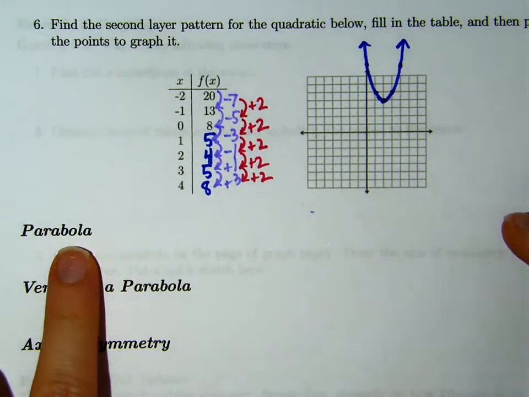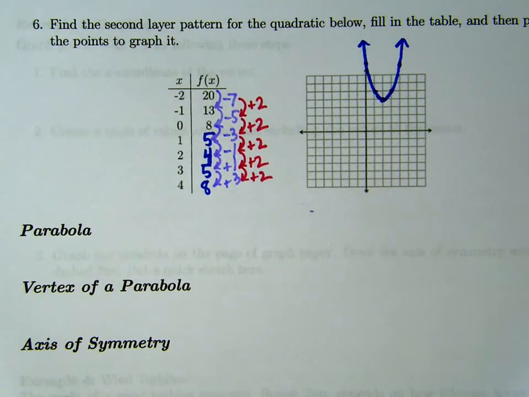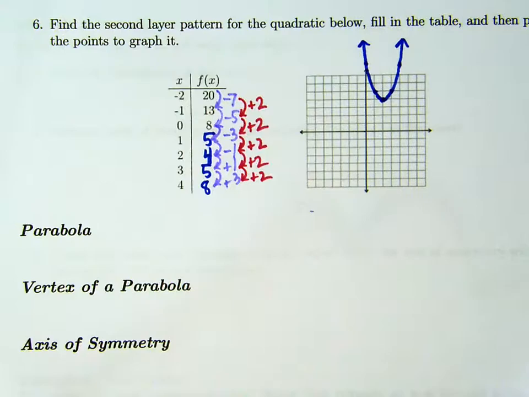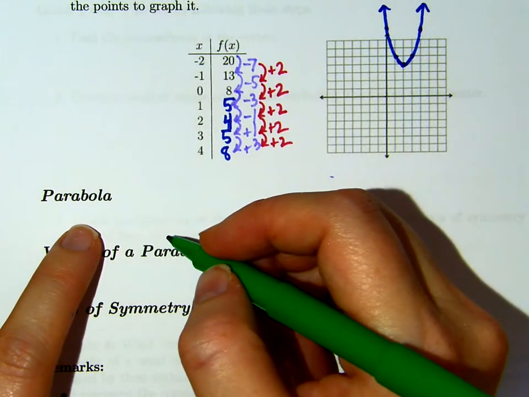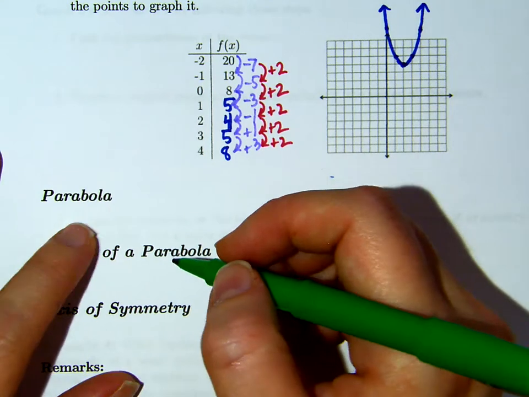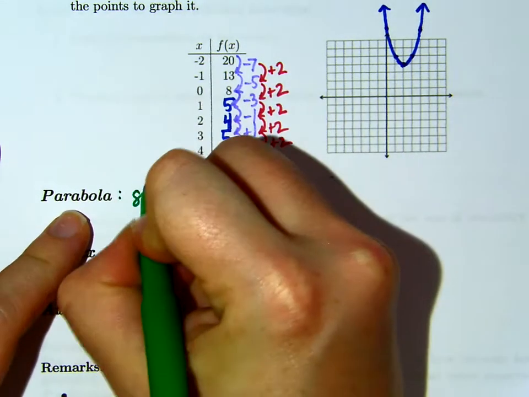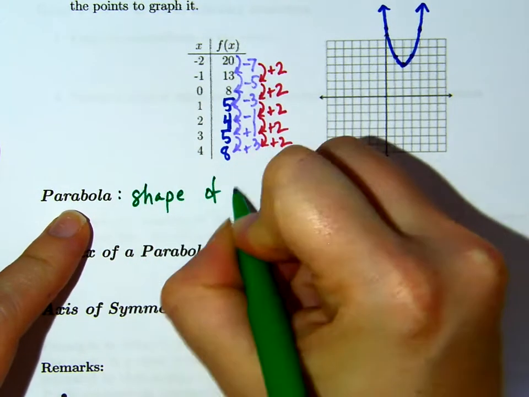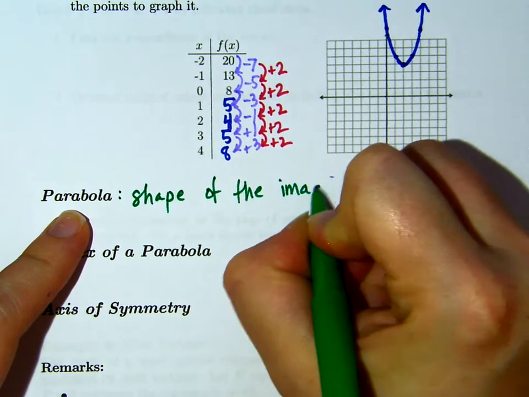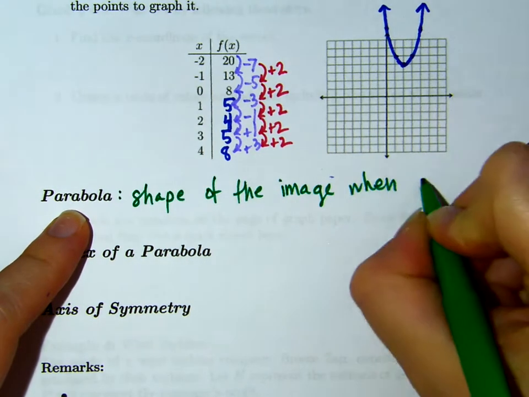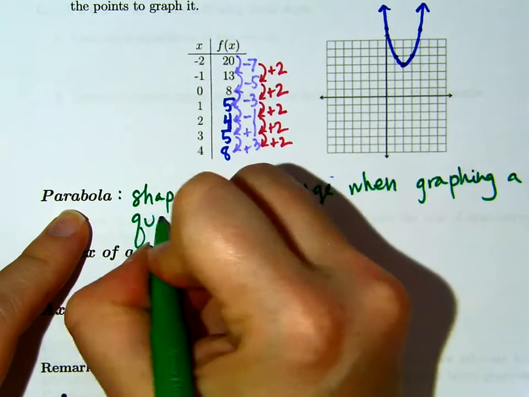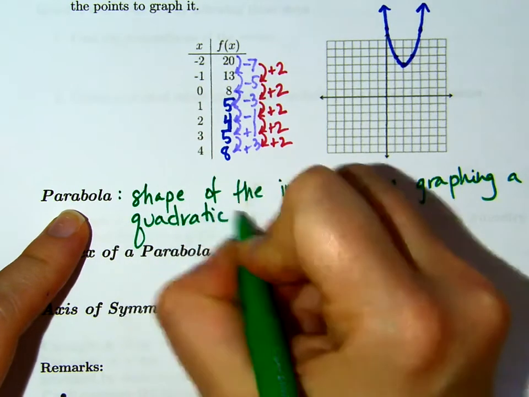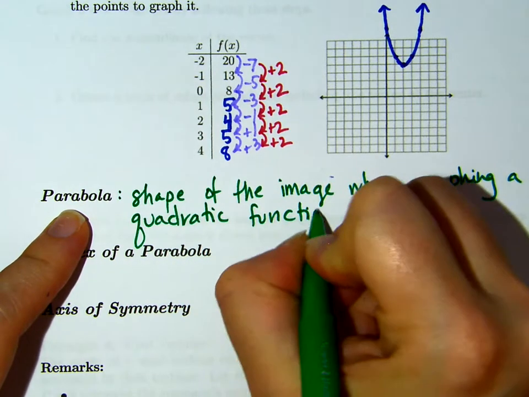So let's talk. What is a parabola? In what I'm going to put as the definition, a parabola is the shape of the image when graphing a quadratic function.